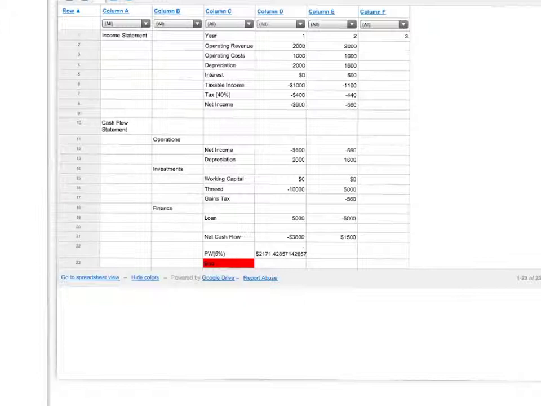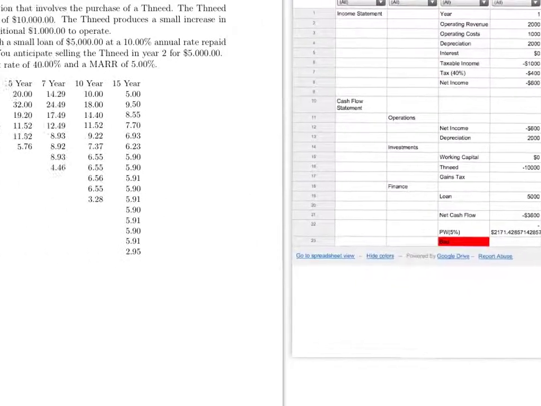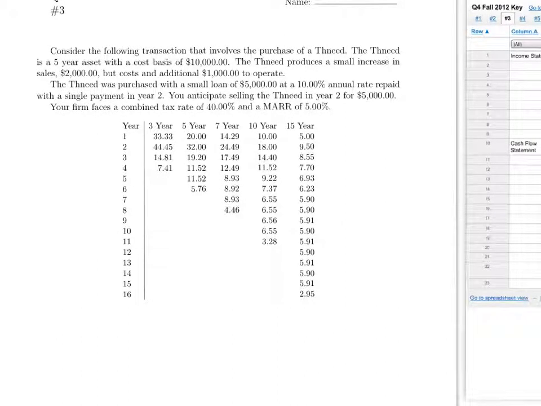So at this point now, all we have to do is sort out what the depreciation is. I've already shown you the depreciation is $2,000 in the first year and $1,600 in the second year. The why works like this. The cost basis, as we said before, is $10,000, and we said also that it was a 5-year asset.